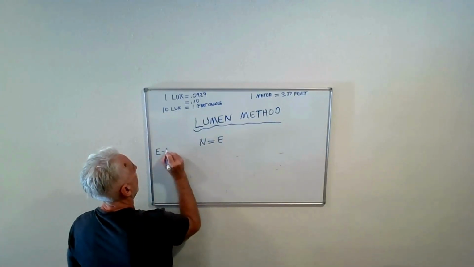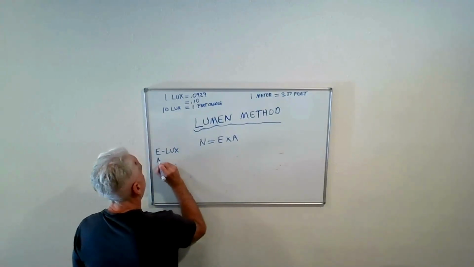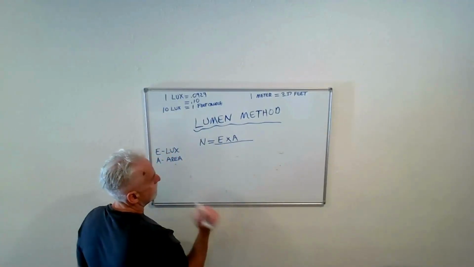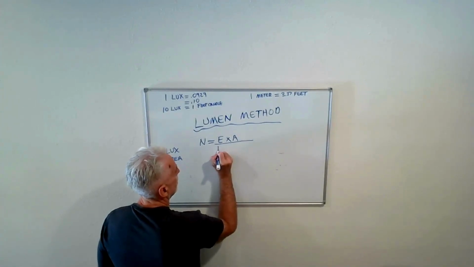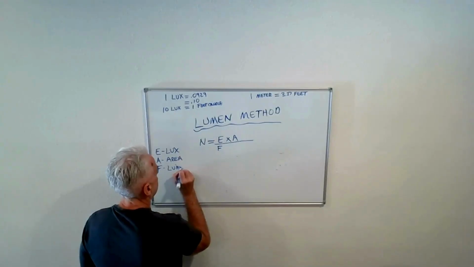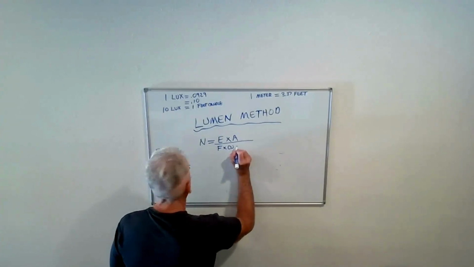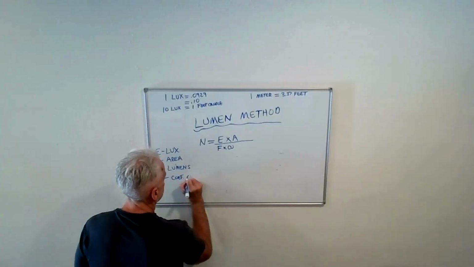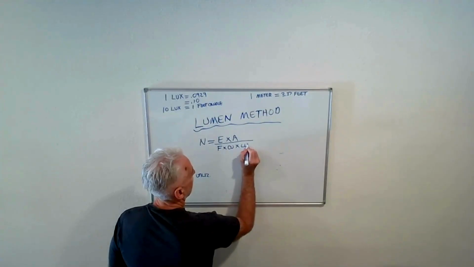So E is lux, times A, area, over lumens times coefficient of utilization times light loss factor.